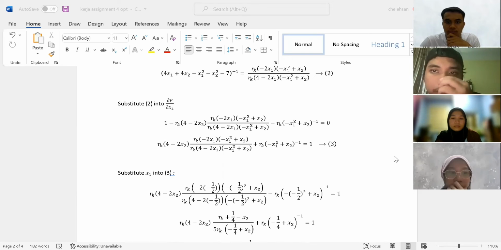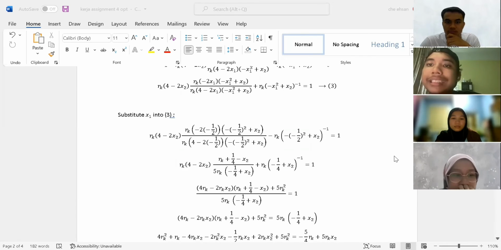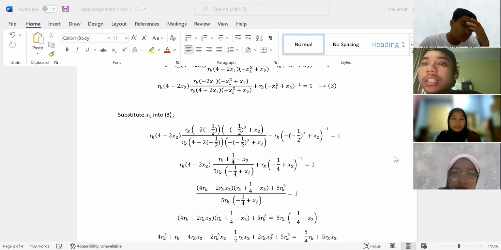So the next step is we substitute x1 into equation 3, where x1 we got is negative 1 over 2. So we just substitute all those x1s with negative 1 over 2, that we got earlier.